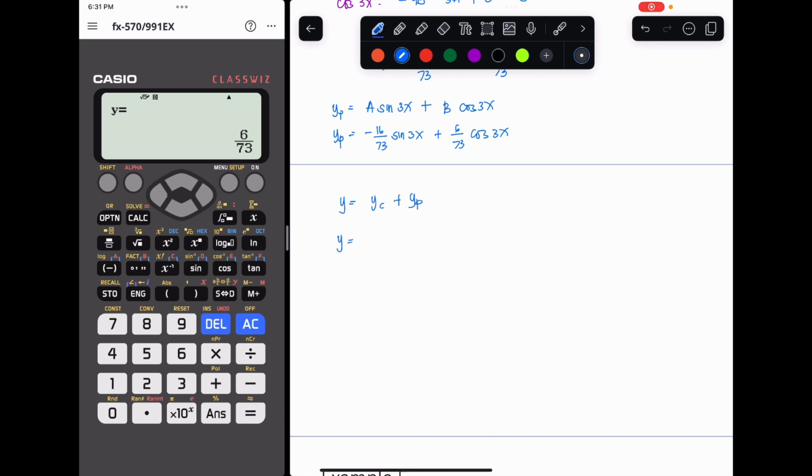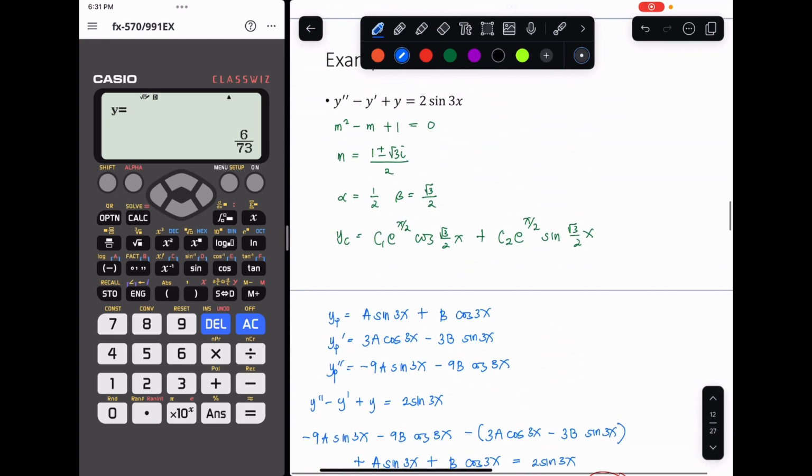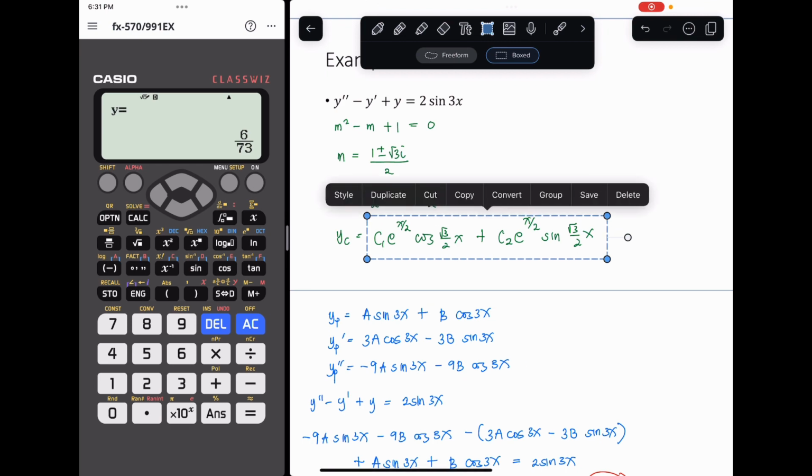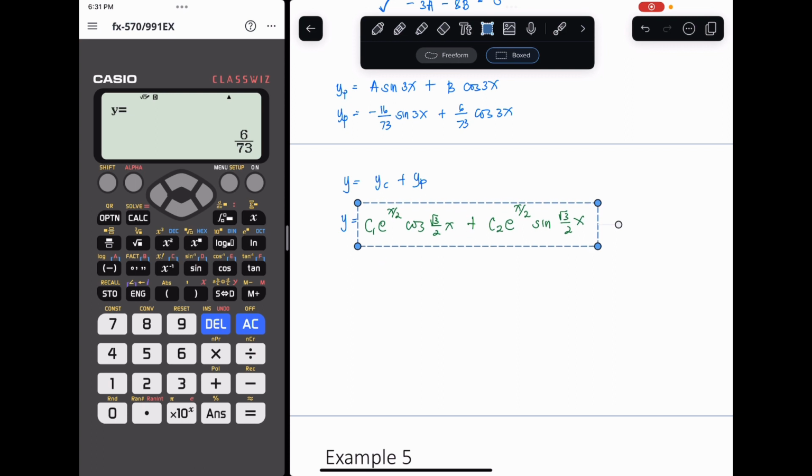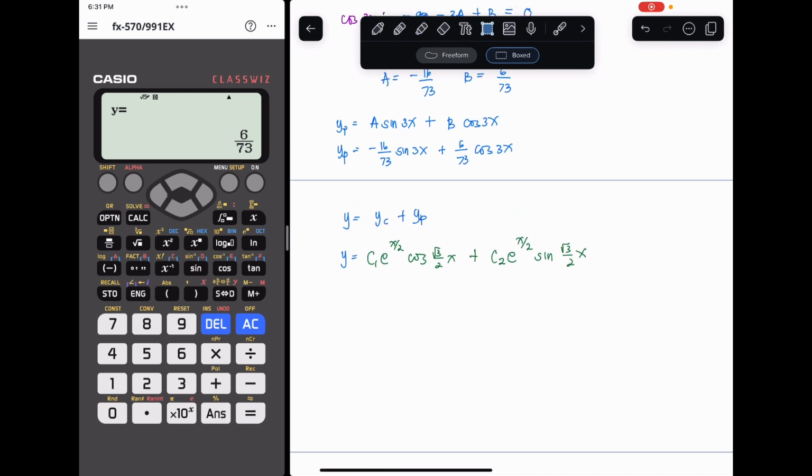So y then, I'm going to copy the complementary solution, which is this one, and then our particular solution is this.